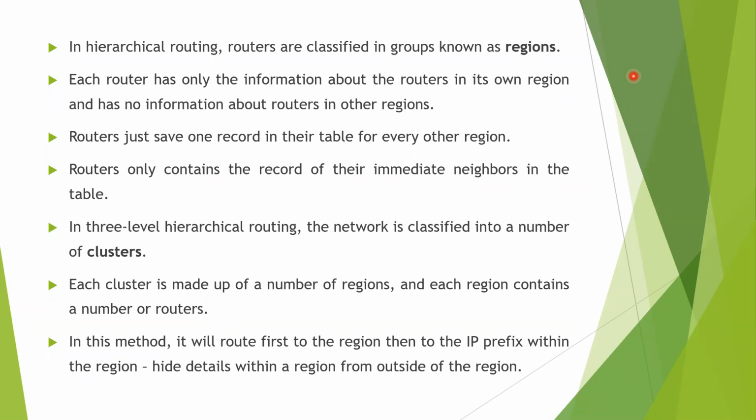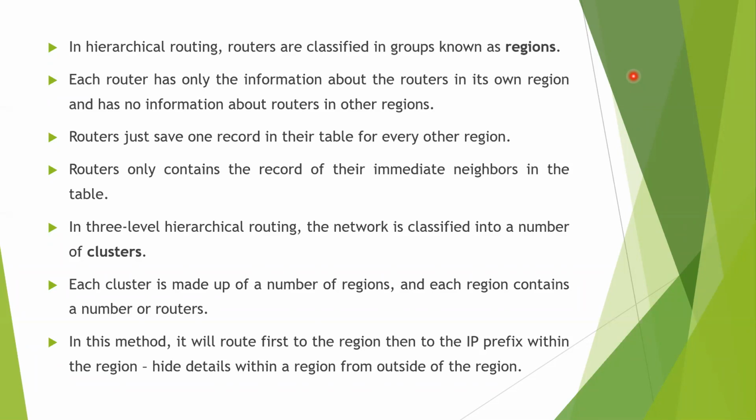All of this information is there with every router. Now, when the network becomes larger, keeping track of all the routing information, that is the distance or hops, becomes tedious for the router. To avoid that, we can go for hierarchical routing.